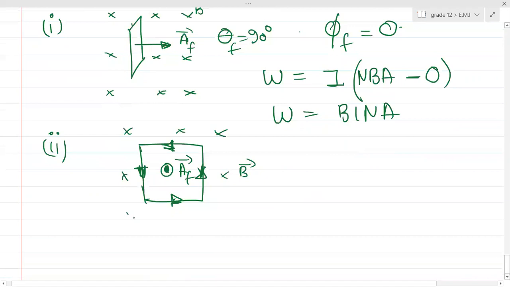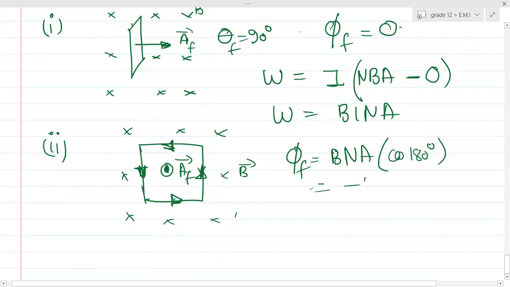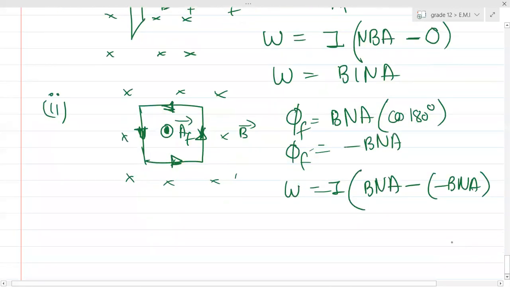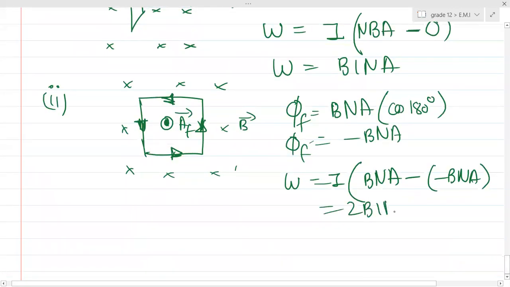So what will you do when you calculate the second flux? It will become B into N into A into cos 180. So this will be minus BNA. So the final is minus BNA, the initial is BNA. Hence the work done will be I into BNA minus minus, so 2 BNAI. Is this clear, guys? Second part done.